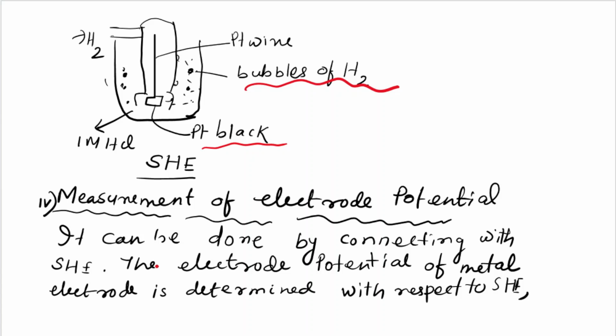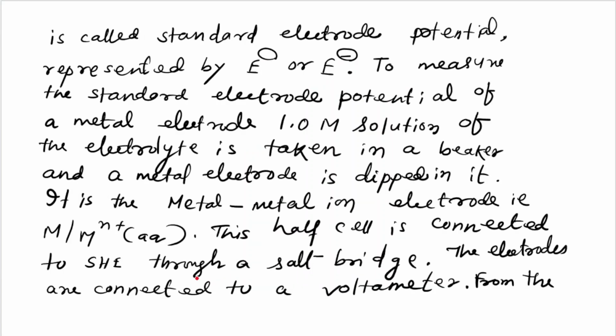Here also, if you want to calculate the electrode potential of any electrode, you should use S.H.E. as a standard. The electrode potential is represented by E0, and this is called the standard electrode potential.